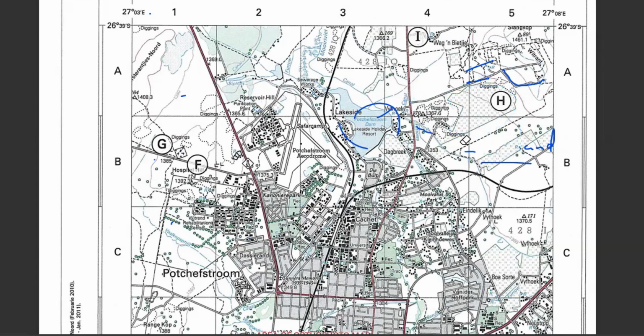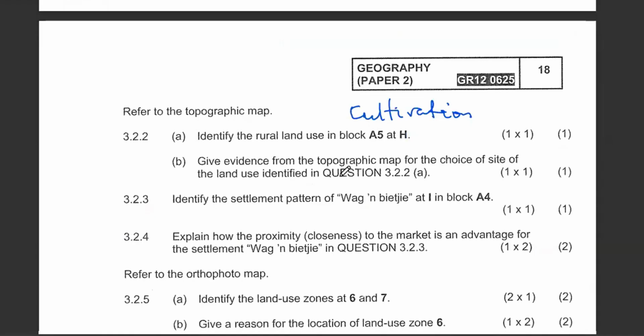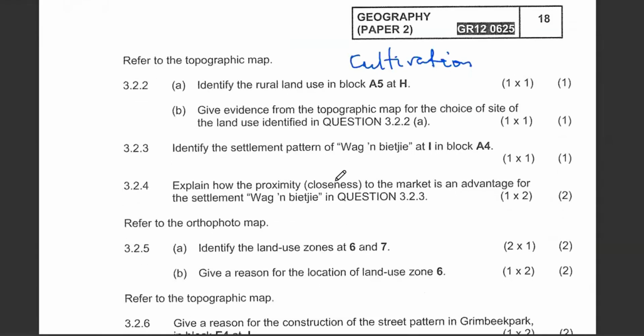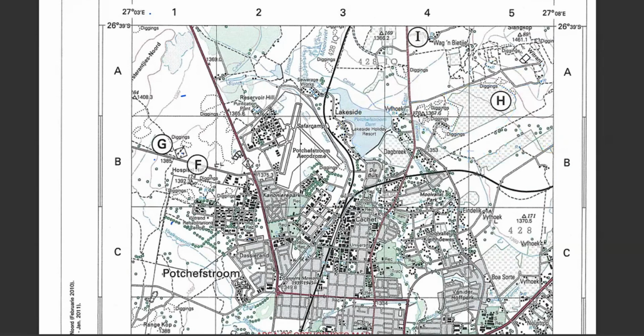Moving on to the next question. The question is, identify the settlement pattern of Wagon Beach at I in block A4. This is the area. B4. What kind of settlement is that?